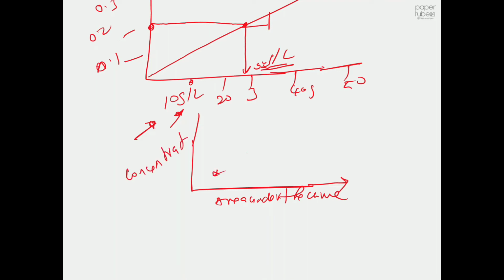We make a standard plot like that. So when we use column chromatography, if you want to know the concentration of the species, this is the plot that we need.